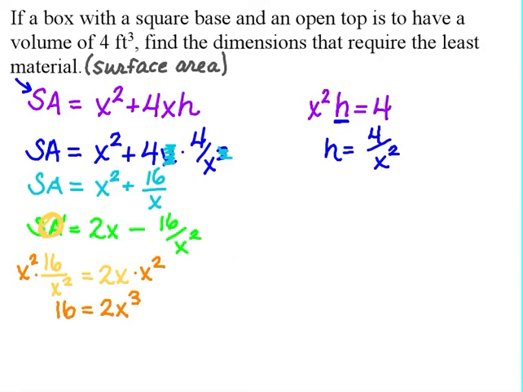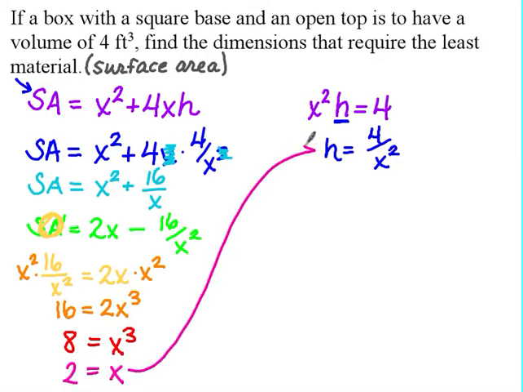What do you do now? Divide by 2 first. So I get x cubed to equal 8. So what times itself 3 times will give me 8? 2. So I get x to equal 2. So now I'm going to plug that in up here.